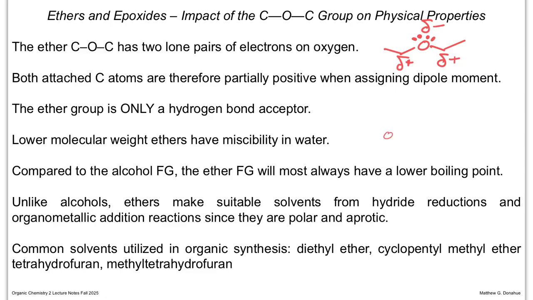So diethyl ether and water can hydrogen bond like that. So the ether is the acceptor, the water is the donor. So through that interaction, you'll get a little bit of miscibility.